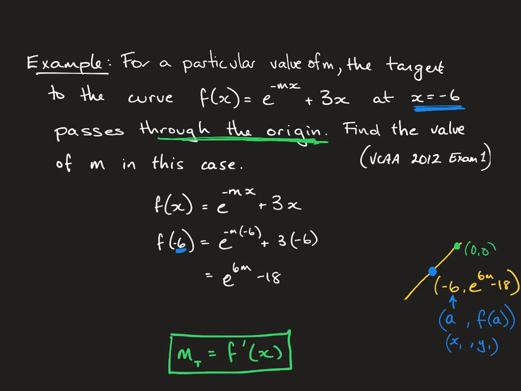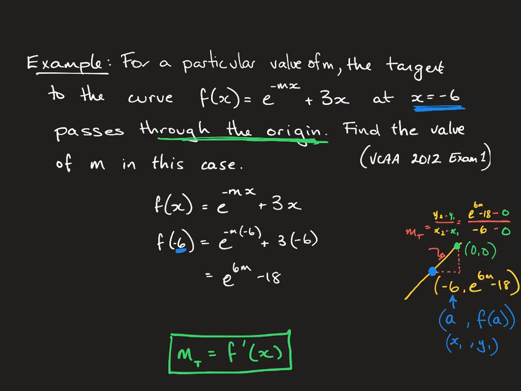Given that I've got two points on the line, I can, using rise over run, find the gradient of that tangent line. And I know that the gradient of the tangent line is equal to the derivative of that function evaluated at x equal to a.